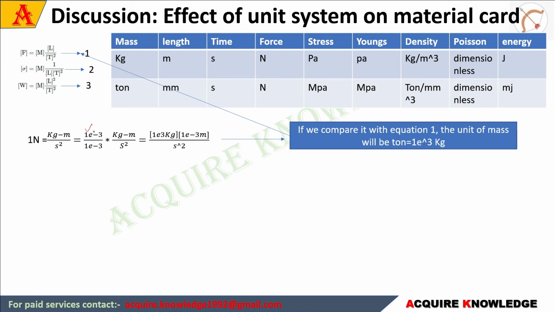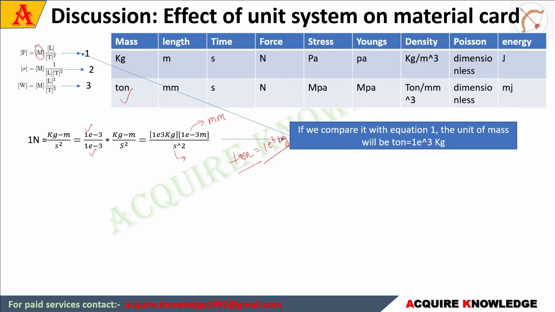And again, if we move this into the bracket, this term will become mm. Time unit was second. And 1e to the power 3 kg, if we compare it with the first equation, it will be the mass. Now 1e to the power 3 kg we know is a ton. So we can say that the unit for the mass will become ton.